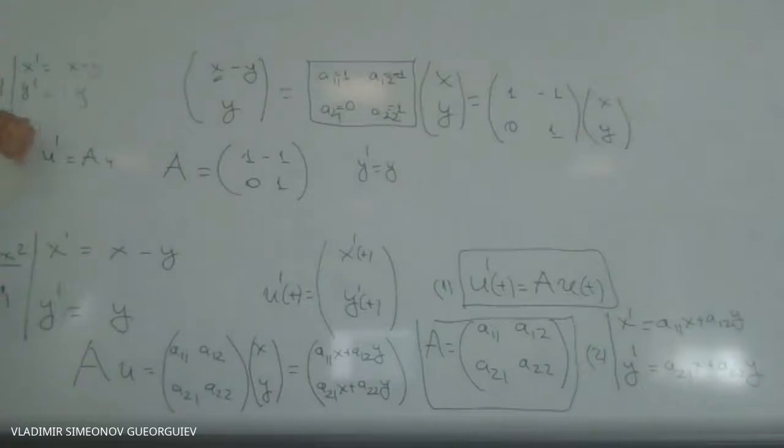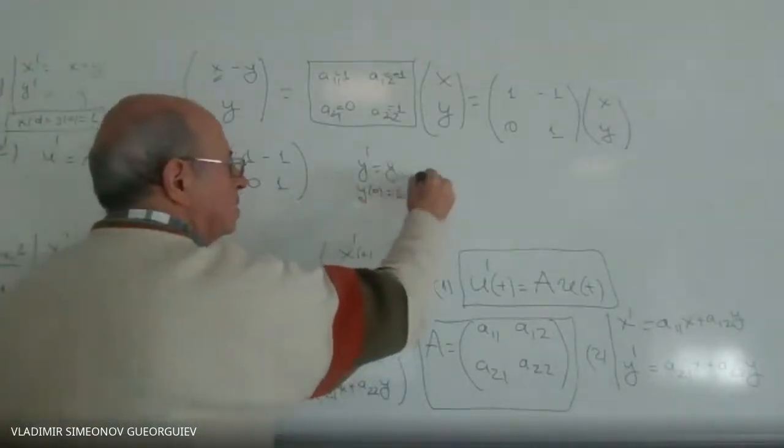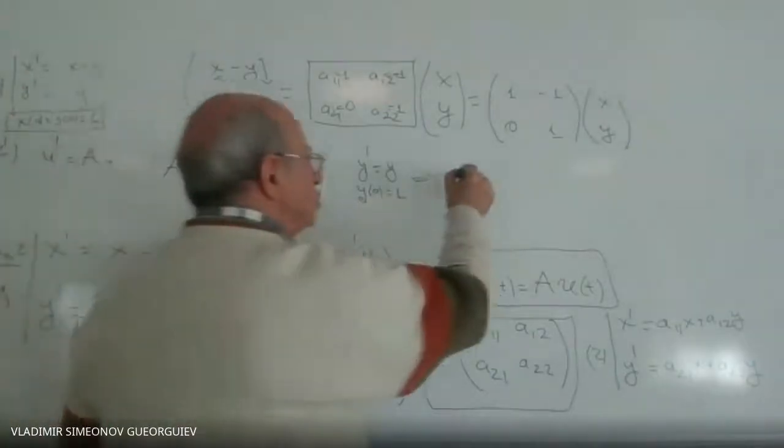I add here x0 is equal epsilon 0 equal 1 for simplicity, as in the previous example. So we add this initial data, and now we are ready to solve only the second equation with initial data epsilon 0 equal 1. This problem we studied at the beginning of our course, and we have an explicit solution.